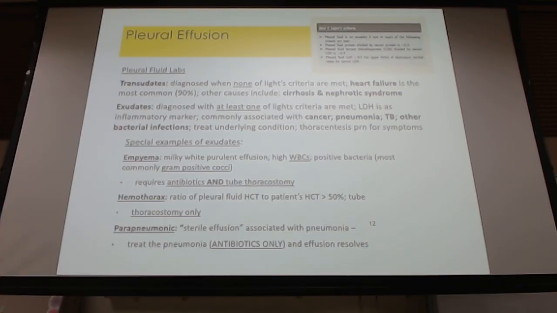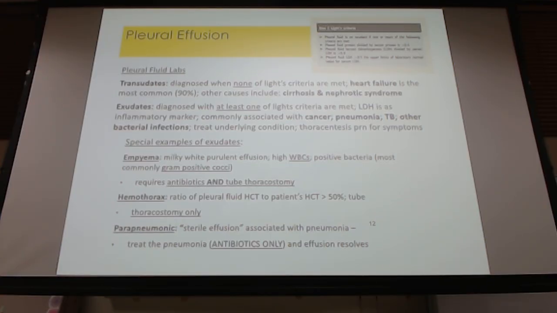And really all you have to figure out is if the ratio is greater than 50%, or if the ratio is greater than 60%. That means if the fluid in the area has 50% or greater compared to the serum, then that fluid is considered to be high protein, and that's an exudate.